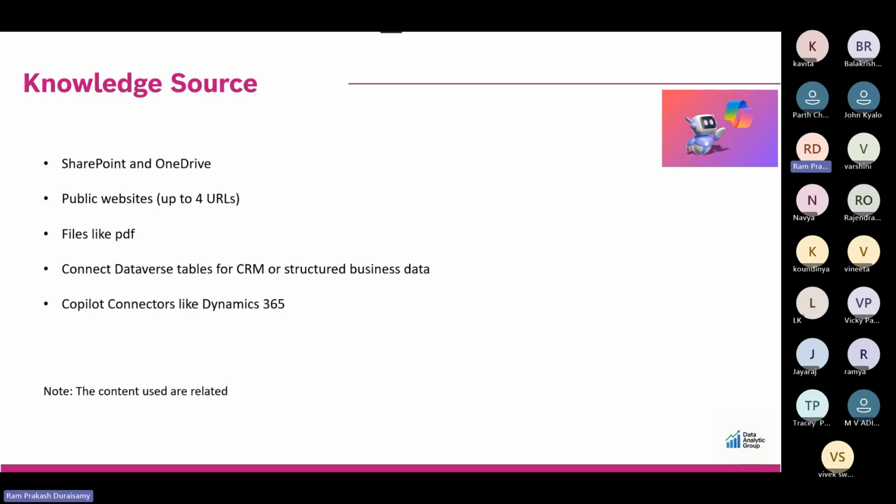Here we are using the Copilot connectors, and Dynamics 365 as a knowledge source. So what is meant by knowledge source? It's like a backend used by a Copilot agent to train your model. That's it, nothing else.